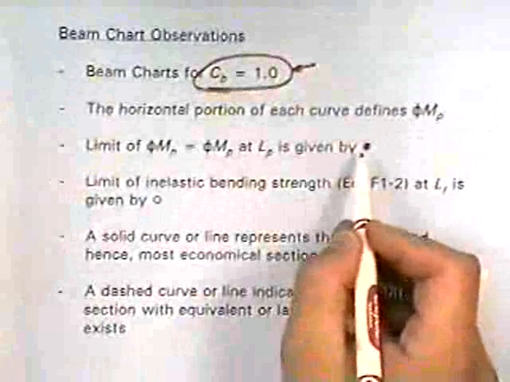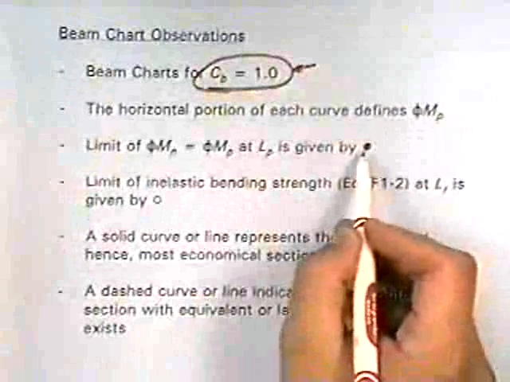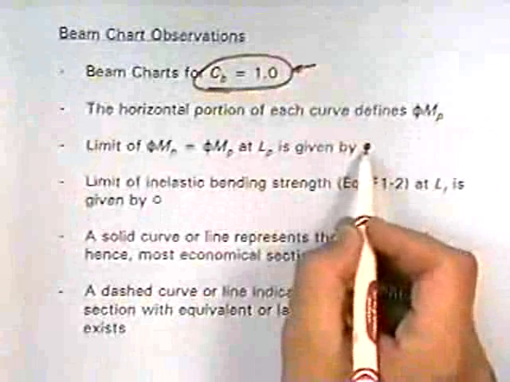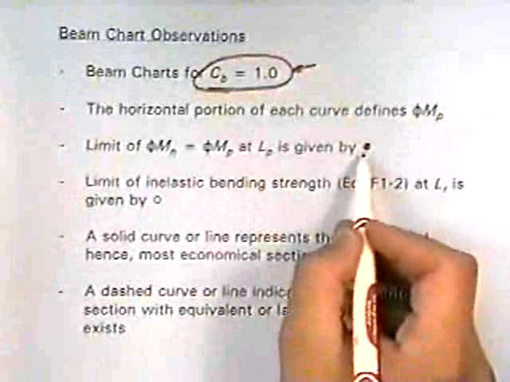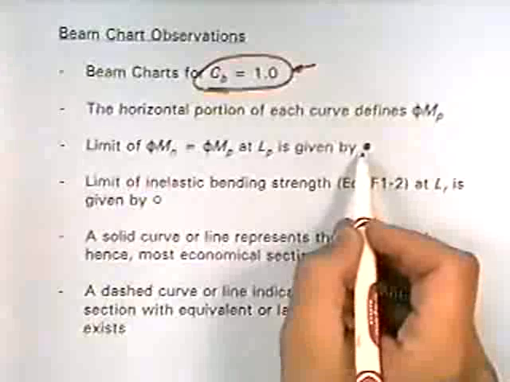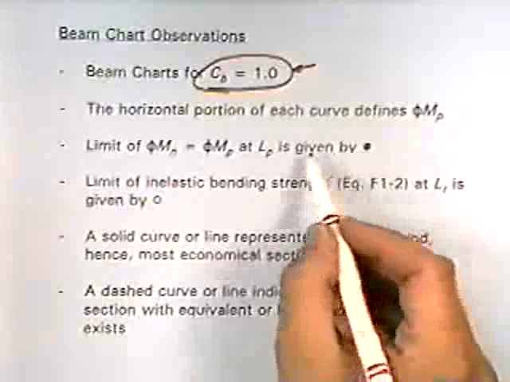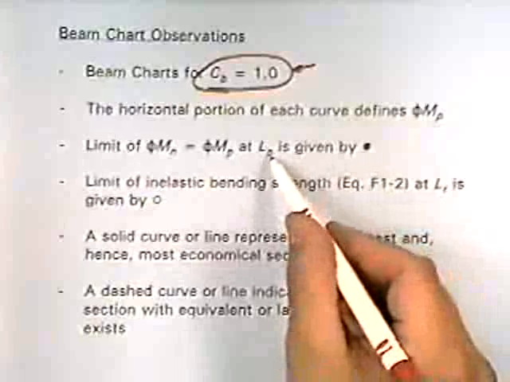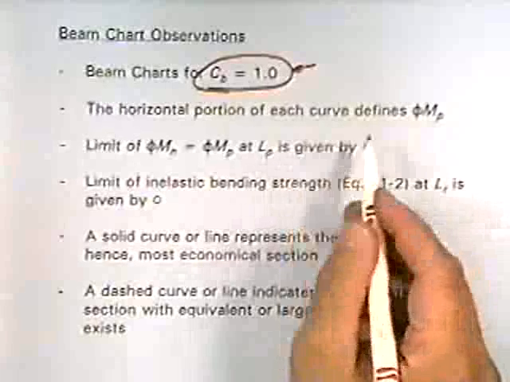If you follow the plateau, eventually you come to a solid dot. That defines the limit of the moment capacity as defined by phi M sub p, and that also gives you L sub p.